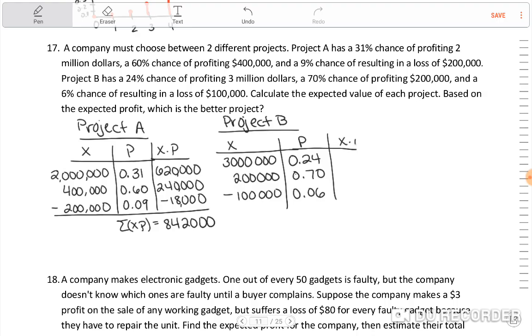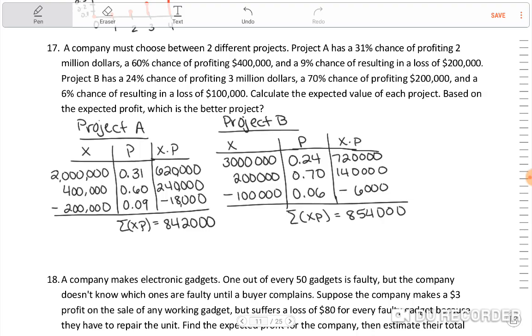So x times p for this is going to be 720,000 here, and then 140,000 here. This is negative 6,000. Okay, so the sum of the XPs for this one is $854,000.